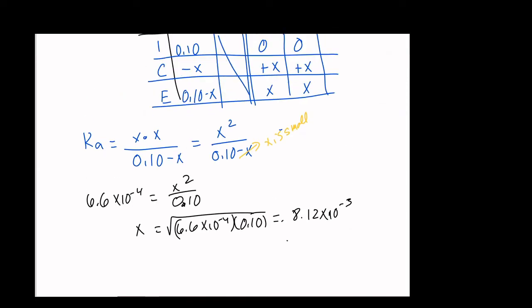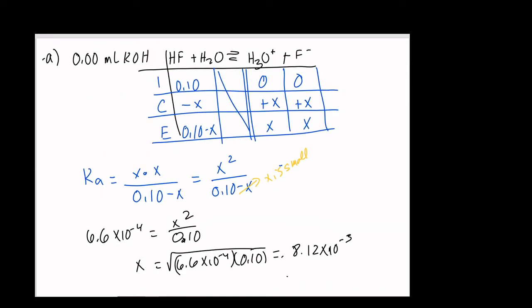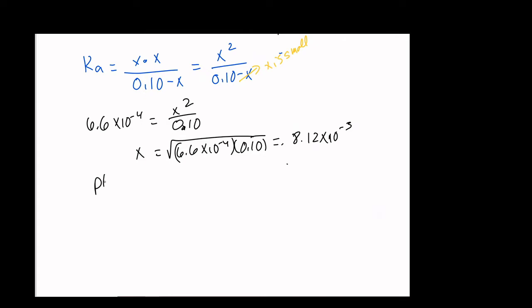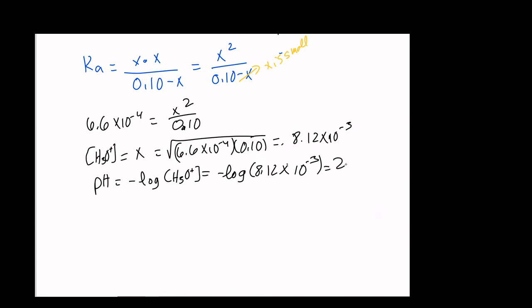So looking back at our equilibrium expression, X represents our hydronium ion concentration. So we can say that's equal to H3O plus. So the pH is equal to the negative log of H3O plus, which is equal to the negative log of 8.12 times 10 to the minus 3rd, which is equal to 2.09.